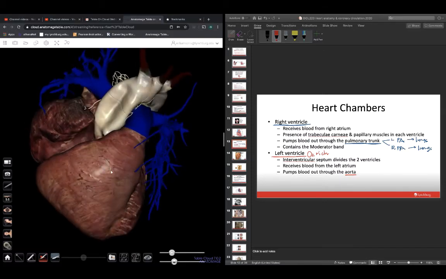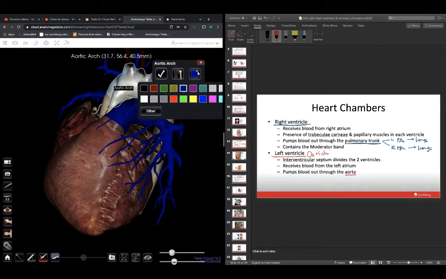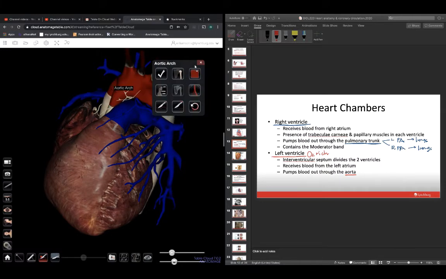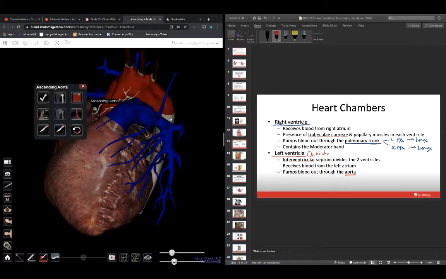And if we look at our heart here, this structure here is going to be our left ventricle, and leaving the left ventricle is going to be the aorta. And so that's going to be here. And what I'm going to do is flat color that red because it is carrying oxygenated blood, and the aorta has several different segments.